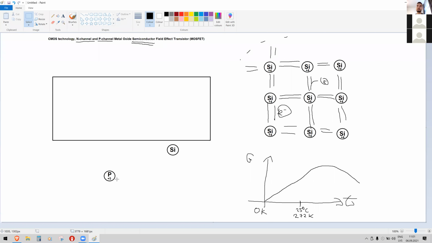So how it's done, as I mentioned, they take pure silicon, and then they put a piece of pure phosphorus on top of the bulk of silicon, and then they heat this thing up to 1200 degrees.